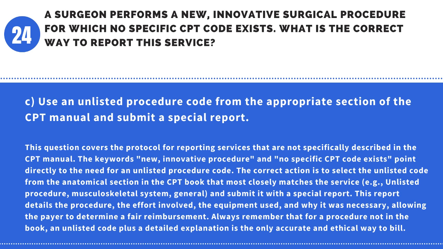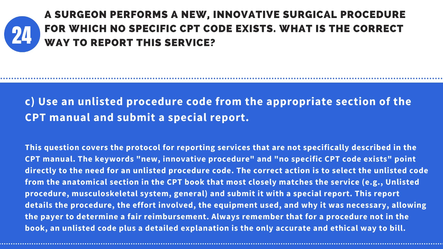This question covers the protocol for reporting services that are not specifically described in the CPT manual. The keywords new, innovative procedure, and no specific CPT code exists point directly to the need for an unlisted procedure code. The correct action is to select the unlisted code from the anatomical section in the CPT book that most closely matches the service, e.g., unlisted procedure, musculoskeletal system, general, and submit it with a special report.